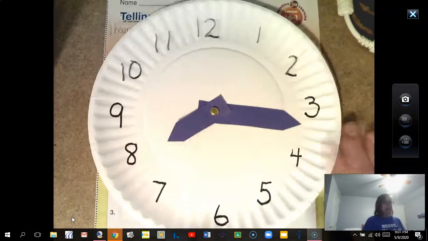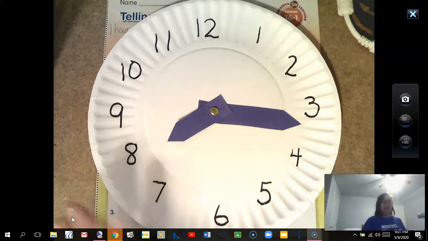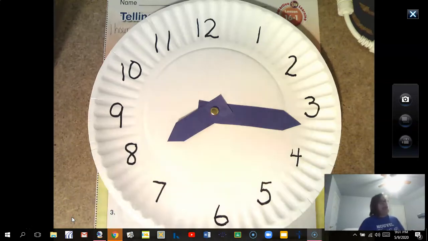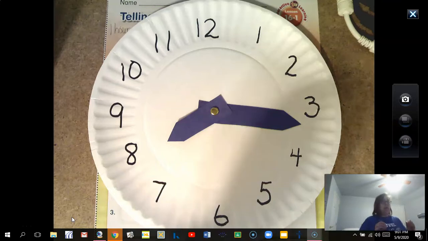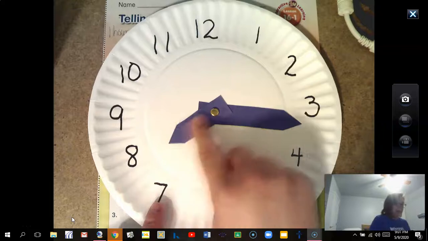All right, so we're going to start out with looking at this clock. And in first grade, definitely, and I know this year we've talked about clocks, and we've done a lot of time with our morning work and so forth. And we always specify that we start with the hour hand. Remember the hour hand is the shorter hand.